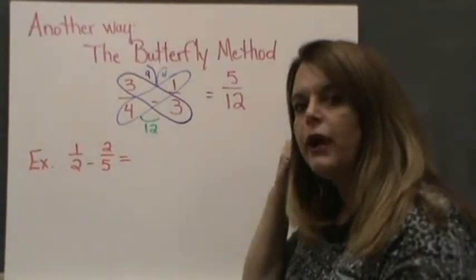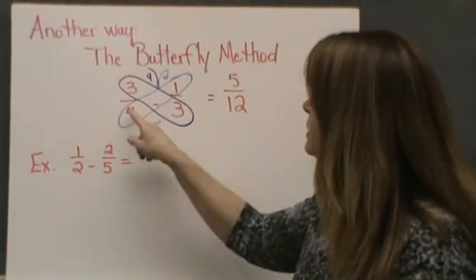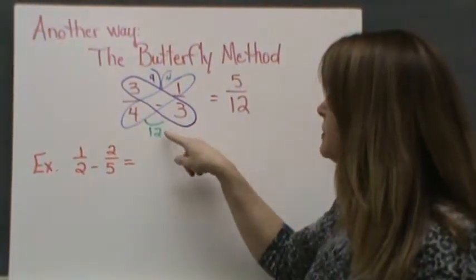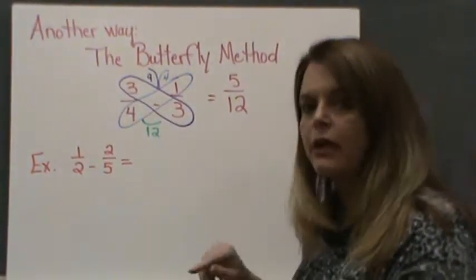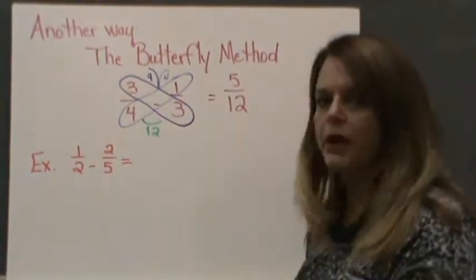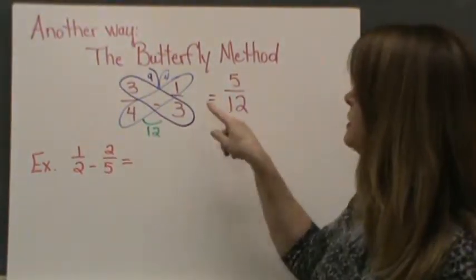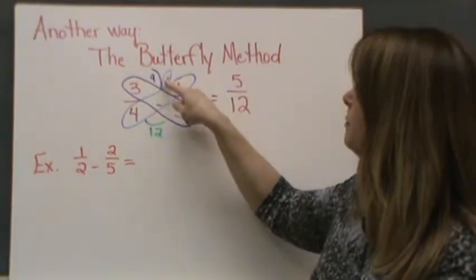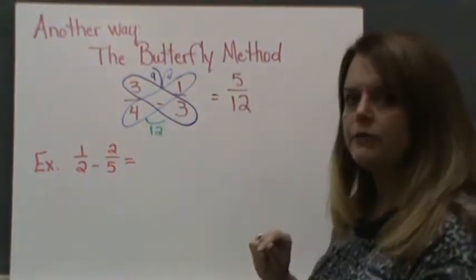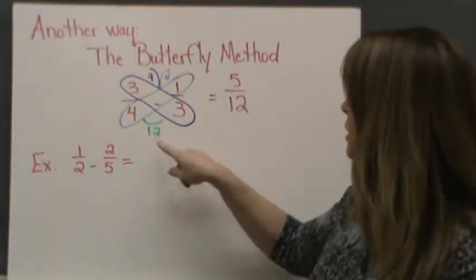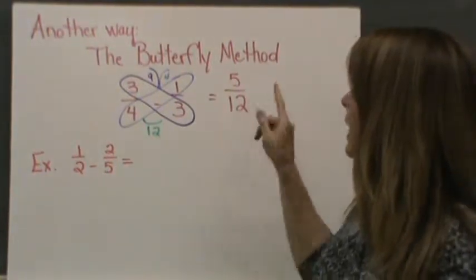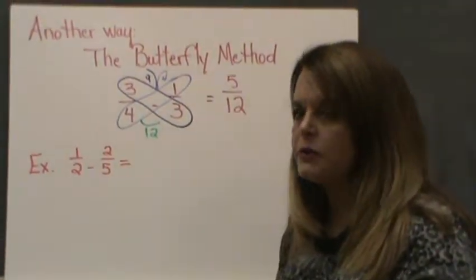But remember, when you're adding and subtracting with unlike denominators, you have to multiply your two bottom numbers to make the tail. 4 times 3 is 12. So now I just subtract. 9 minus 4 is 5. And I bring my product over, and 5/12 is reduced to lowest terms.